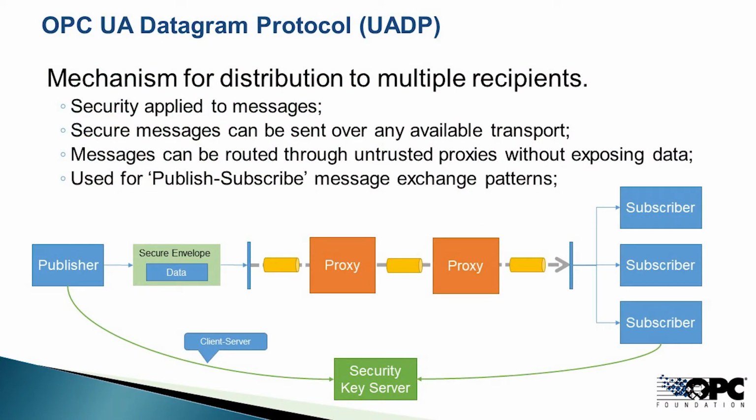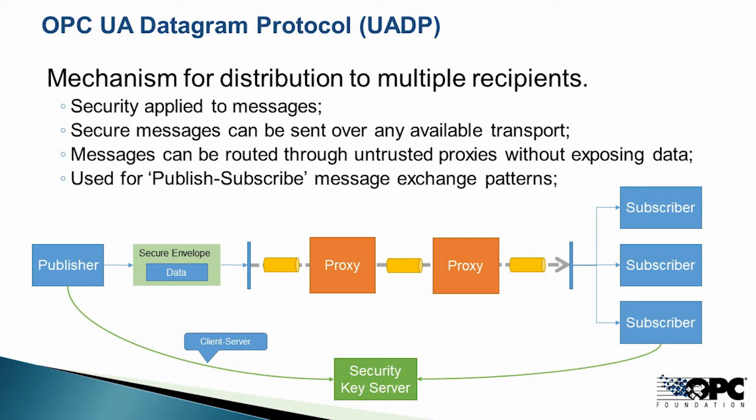Now, the datagram protocol is the equivalent for the publish-subscribe message exchange pattern. With the publish-subscribe message exchange pattern, there's no negotiation of a session between the publisher and the subscriber. So you need to have some other mechanism for distributing keys. So we have the security key server, which is some sort of service which is a UA server that supports the client-server paradigm.